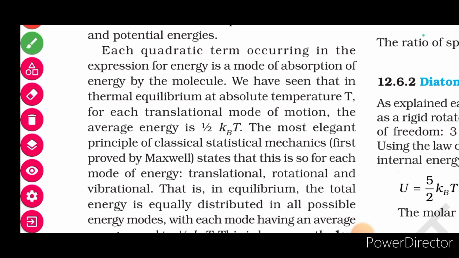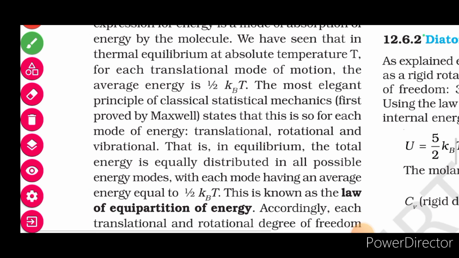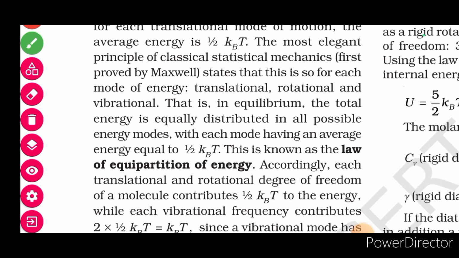So each translational mode contributes half kBT. The most elegant principle of classical statistical mechanics states that this is so for each mode of energy. This will be proved in higher classes in statistical mechanics. It is true for all three modes, translational, rotational and vibrational. They all contribute half kT.